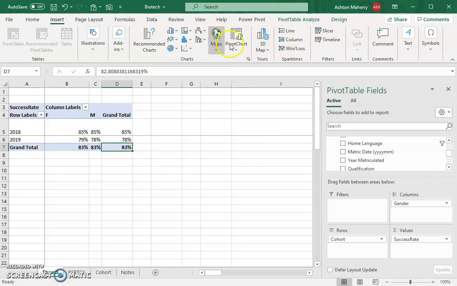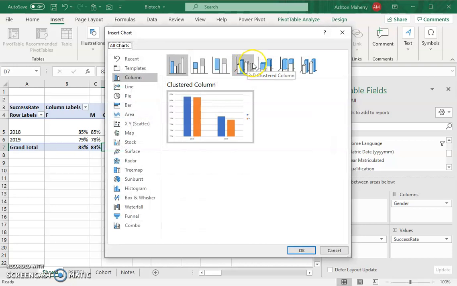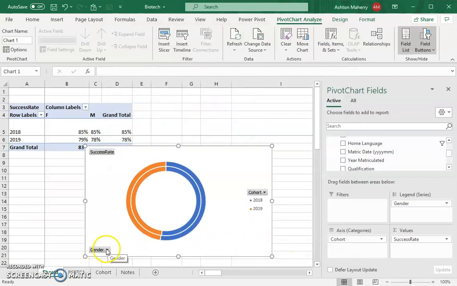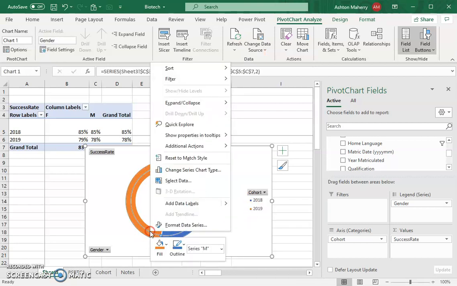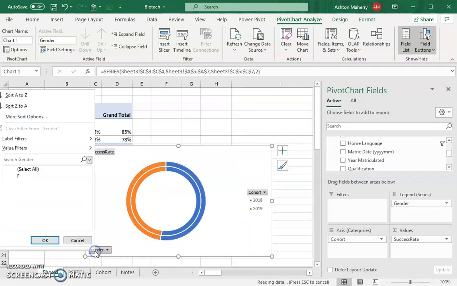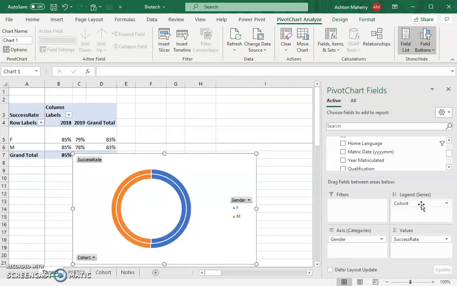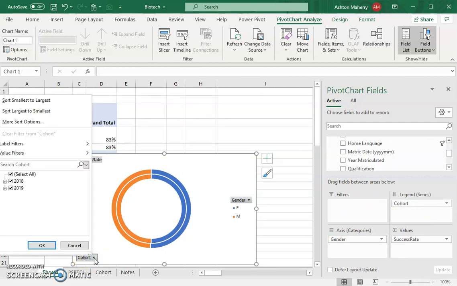Another useful thing here is pivot charts. So these pivot charts can be drawn automatically. So we could have a look over here. There's gender, there's 2018. Sometimes when you do these, you just need to swap them around. So this is showing the different cohorts.